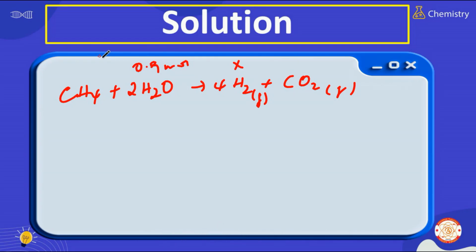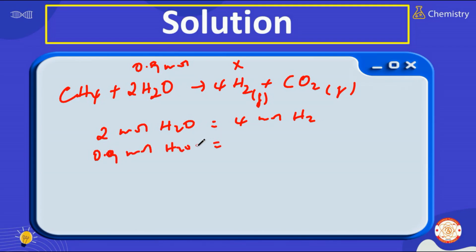So the equation tells us what? The equation tells us for every 2 moles of water, 4 moles of hydrogen is produced, right? So if I have 0.9 moles of water, how many moles of hydrogen can be produced from this?